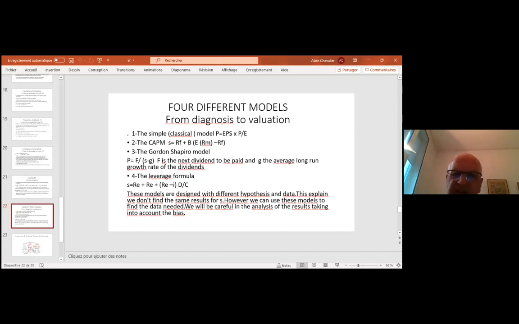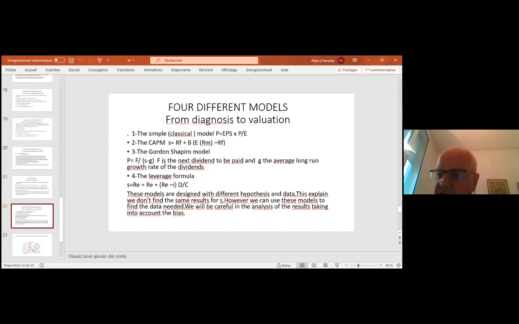But these models are designed with different hypotheses and data. Let's explain: we nearly never find the same results for S. However, we can use these models to find the data needed. We will be very careful in the analysis of results, taking into account the bias.